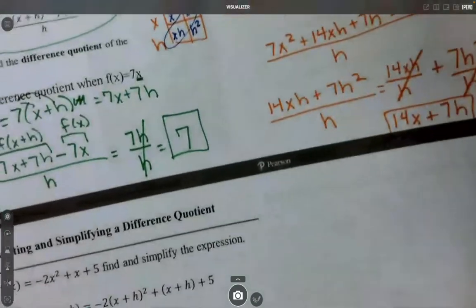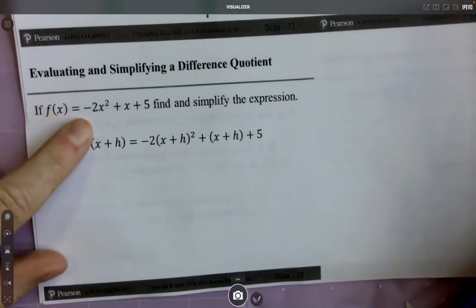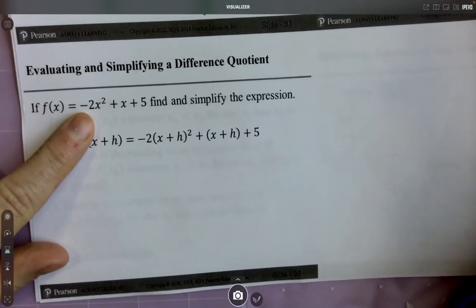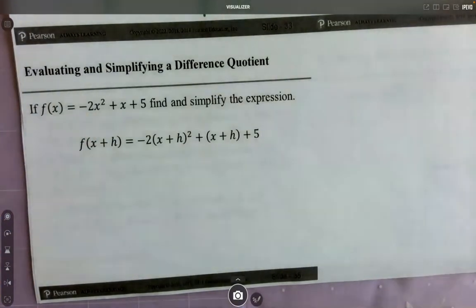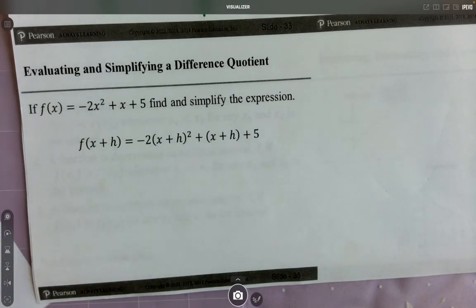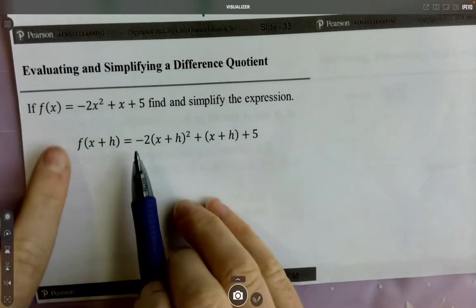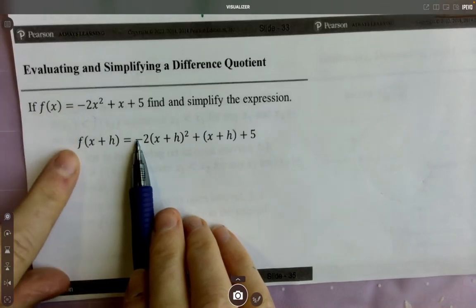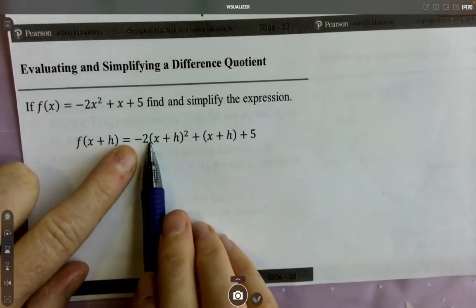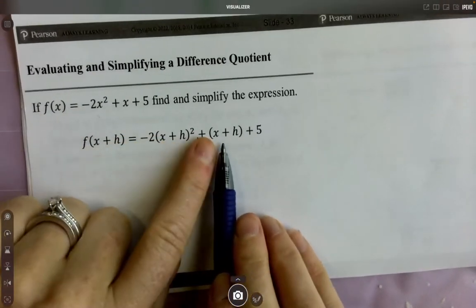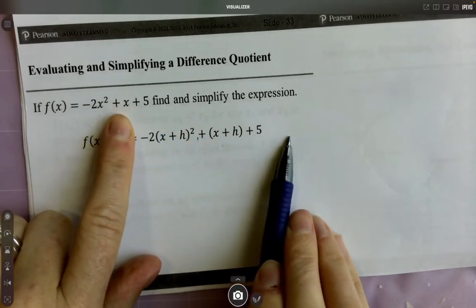All right, last example. We have negative 2x squared plus x plus 5. We are going to look at how to simplify this. So for f of x plus h, we have negative 2, and then the x plus h for x, plus 5.